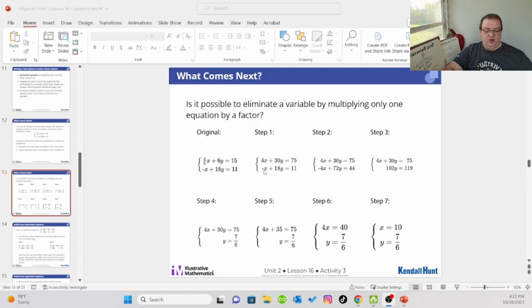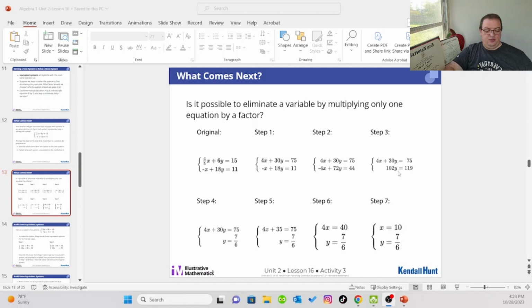Now I see that we went from negative x to negative 4x, so we multiplied everything in the bottom equation by 4, and we got the new equation. Now we can see that our negative 4x has gone away. So what we did was we added the bottom and the top, and we got the new equation on the bottom here.